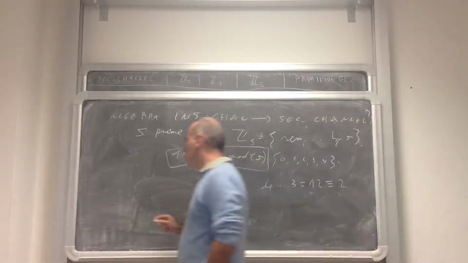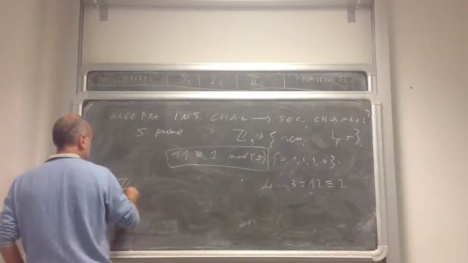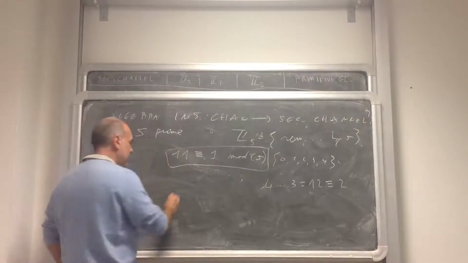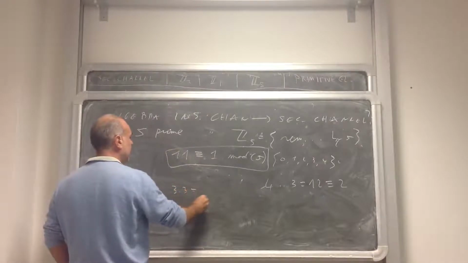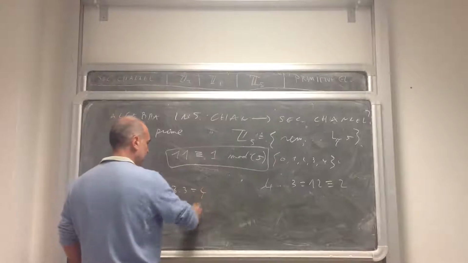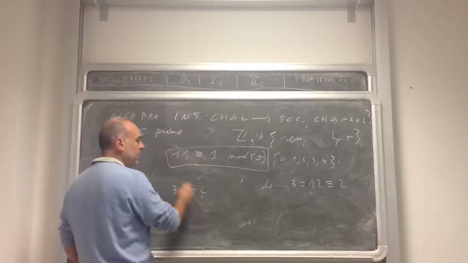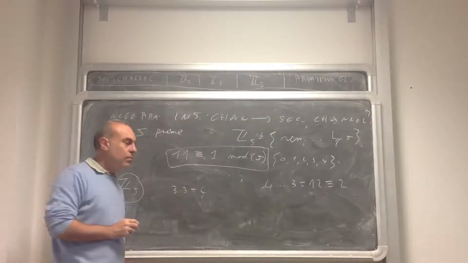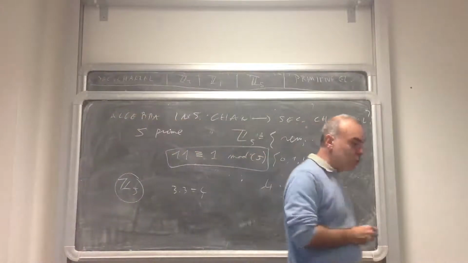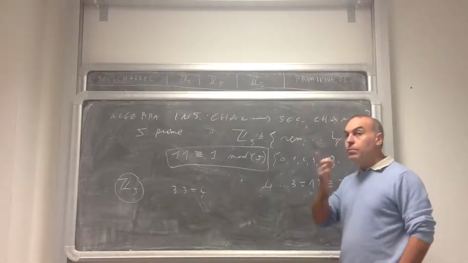If it's obvious that we are working in Z5, you can just write equal. So for example, 3 times 3 is 9, which is 4. So in Z5, 3 times 3 is 4. Now, what is the similarity between Z2 and Z5, or Zp?